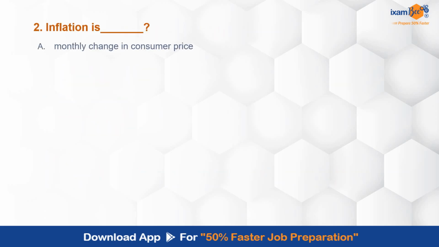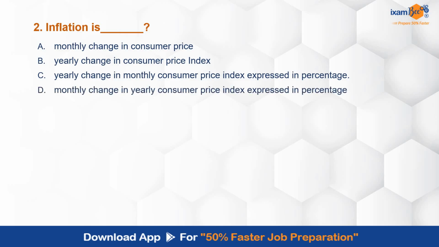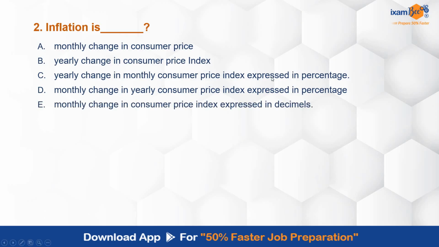Inflation is a monthly change in consumer price, yearly change in consumer price index, yearly change in monthly consumer price index expressed in percentage, monthly change in yearly consumer price index expressed in percentage, monthly change in consumer price index expressed in decimals. Now you can see there are so small changes in the option.